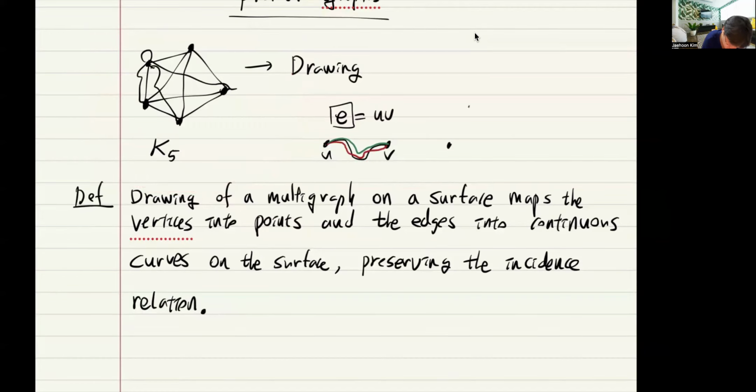Especially, if we draw this edge in this way, then before, this edge and this edge did not intersect, but now they intersect. So this makes some difference.